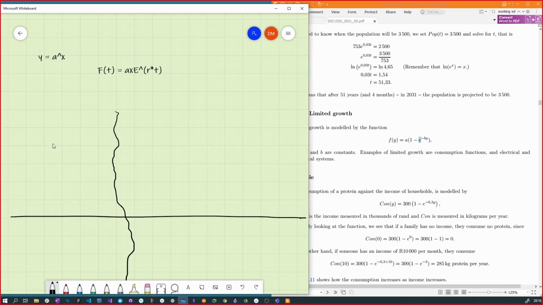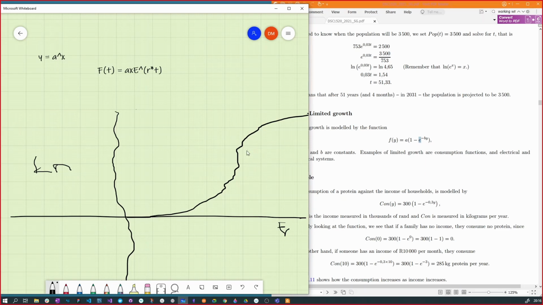So you have kilometers per hour here, and you have time on your x-axis. So over time, as you are increasing your speed, what might happen is that you reach a certain speed, and then your graph will start turning around like this.